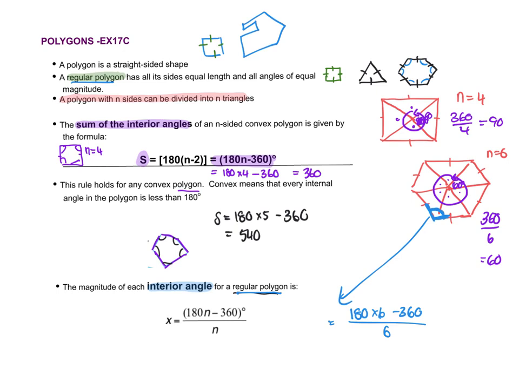If we do that on the calculator, I get 120. So if I had a regular hexagon, which means all the sides are the same, I know that this angle in here is 120. I can work that out using this interior formula.